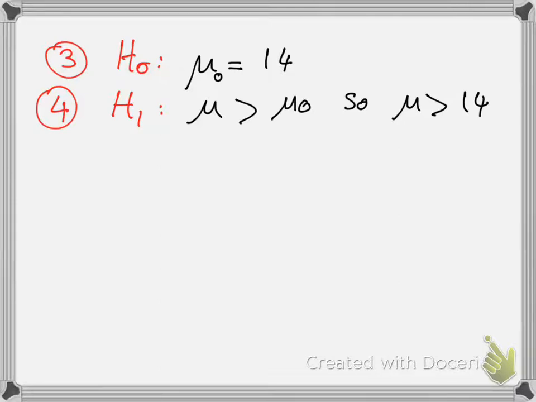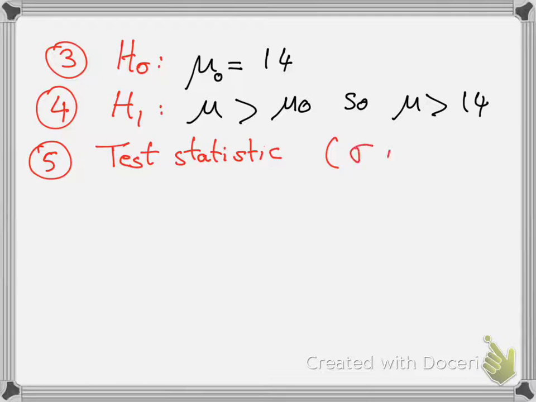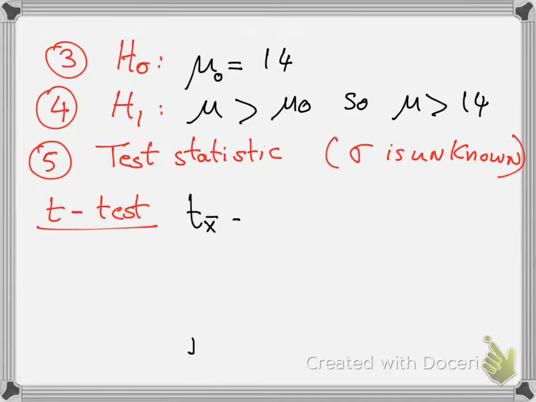So next, we can compute the test statistic, right? So here sigma is unknown, so we need to use the t-test. Okay. So the t-statistic is x bar minus mu over, sigma is now unknown, so we're going to use the sample standard deviation s over square root of n.